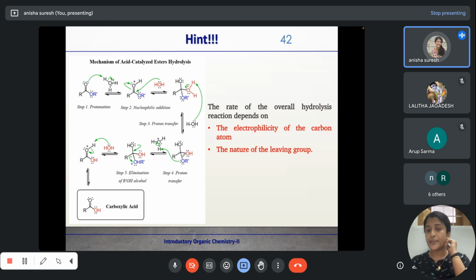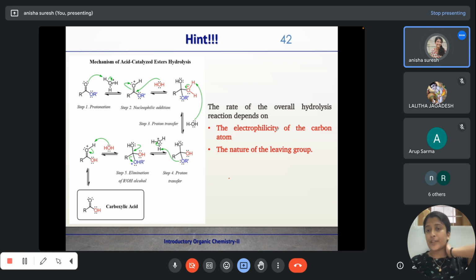It should be a better leaving group, stable by itself, so that it will be removed. If the alcohol that is getting removed is more stable, then it can have good leaving group ability. Clear?